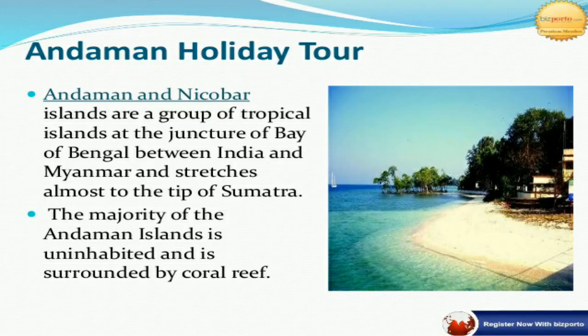They are a group of tropical islands at the juncture of the Bay of Bengal, between India and Myanmar, and stretch almost to the tip of Sumatra. The majority of the Andaman Islands are uninhabited, and they are surrounded by coral reef.